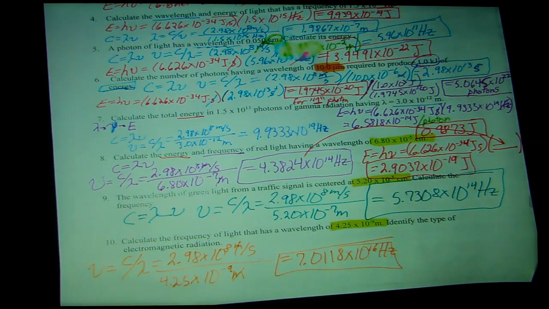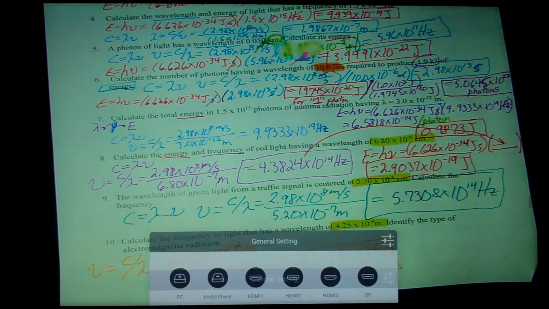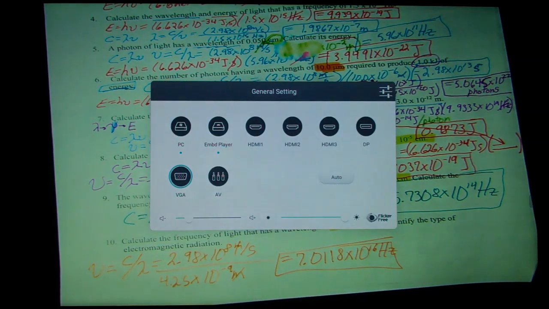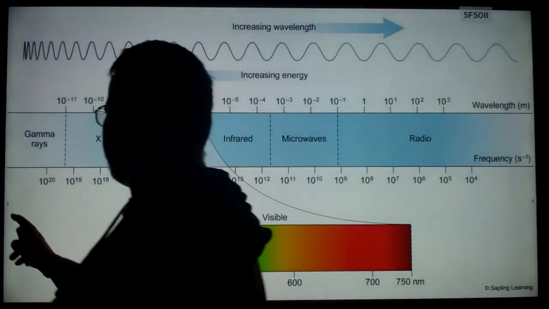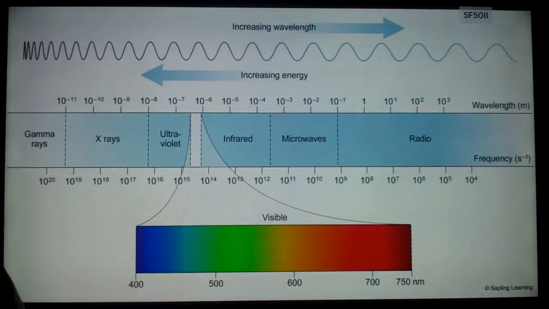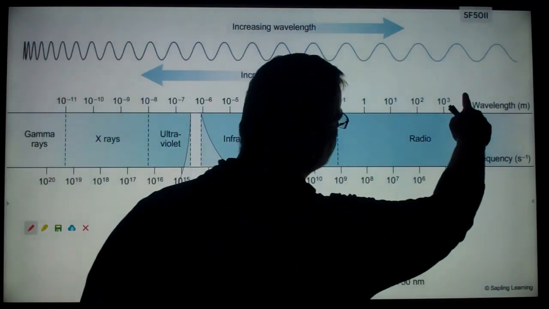So 4.25 times 10 to the negative 9. In order for me to do this, I need the electromagnetic spectrum, which I'm going to flip over to real quick. So on this, like I said before in class, the data giveaway is right here, in wavelength.